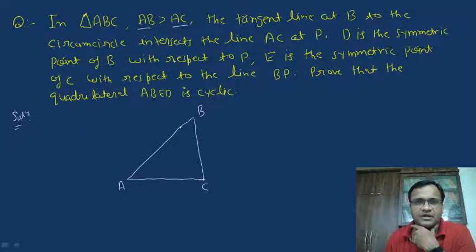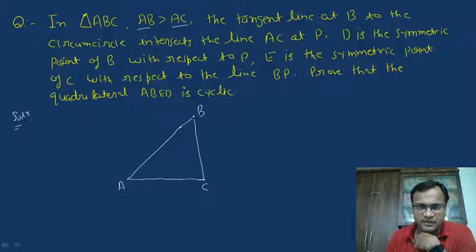Now we are given that the tangent line at B to the circumcircle intersects the line AC at P. So now I am going to draw the circumcircle of this triangle ABC.